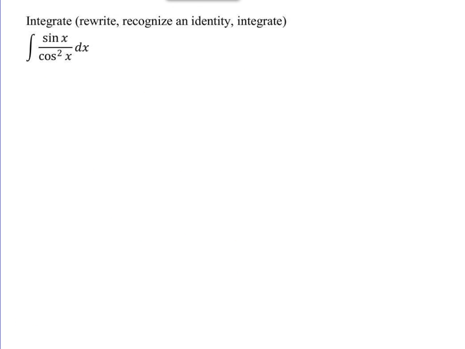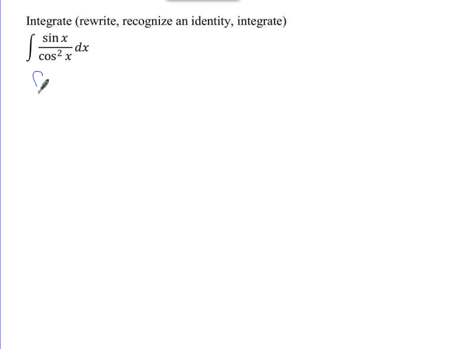As usual, we have to also deal with trig problems. So we want to integrate this one, and we're going to do that by rewriting it, of course, recognizing some identities, and then probably looking up the integral. So first of all, to rewrite this, what should I do? I would do 1 over cosine.